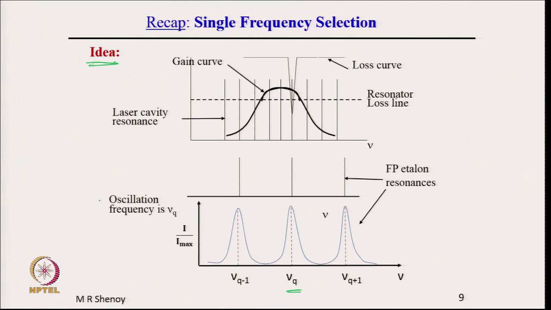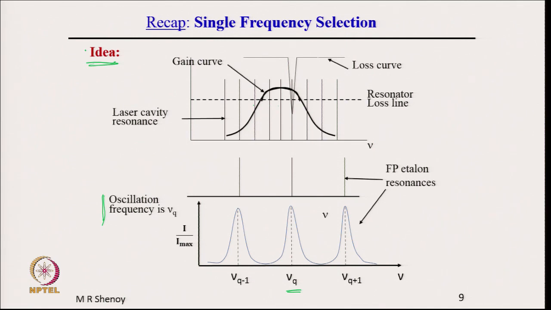The laser will oscillate in just one frequency nu q, for which the loss is less than the gain. For all other resonance frequencies here, the loss is on top, much more than the gain, and therefore we can select one single frequency. This is the idea which is used.